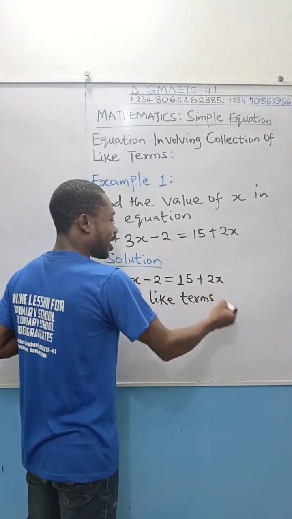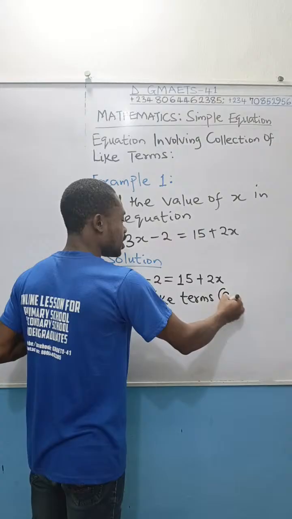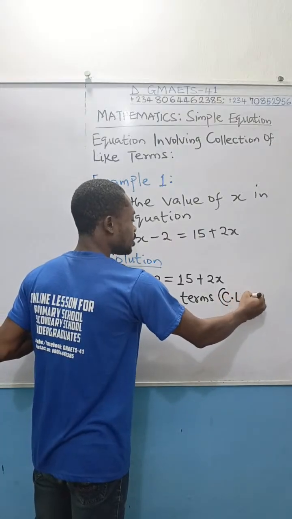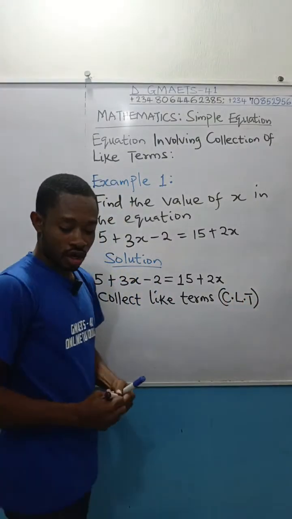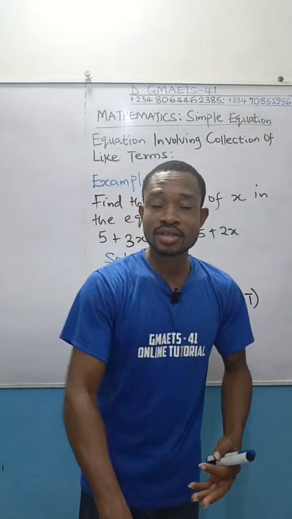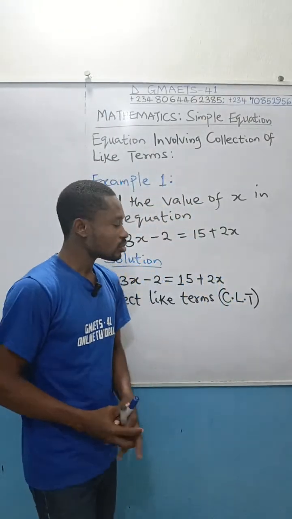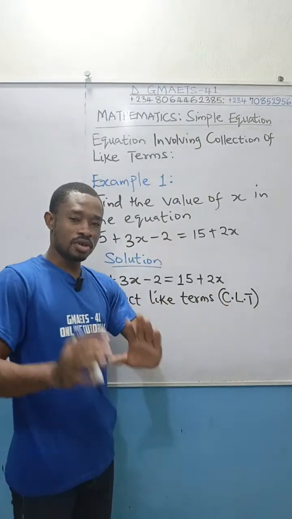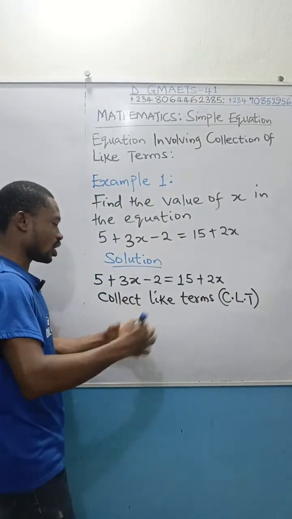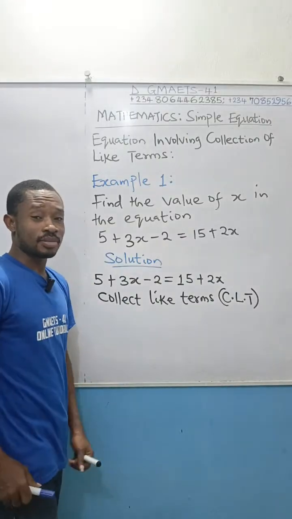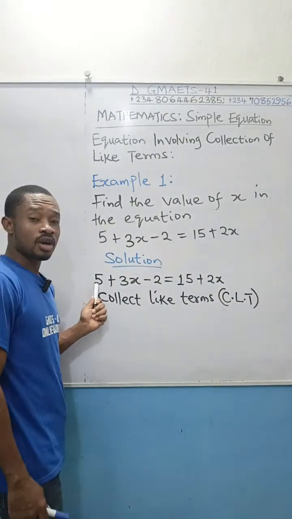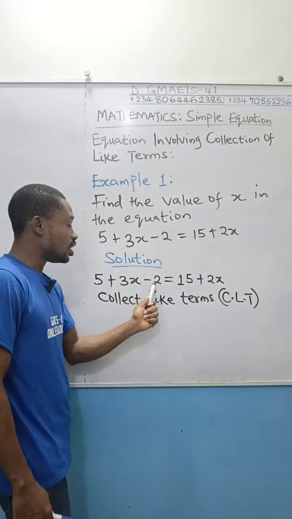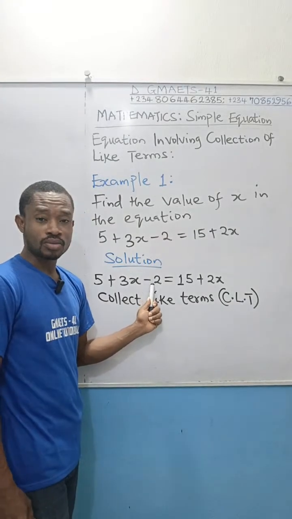Now for our class, we shall be using CLT as an abbreviation for collecting like terms, okay? So I'll not be writing this long grammar anymore. That's why CLT, it's collection of like terms. Now, what are the like terms here? This is a pure number 5. This is a pure number minus 2.